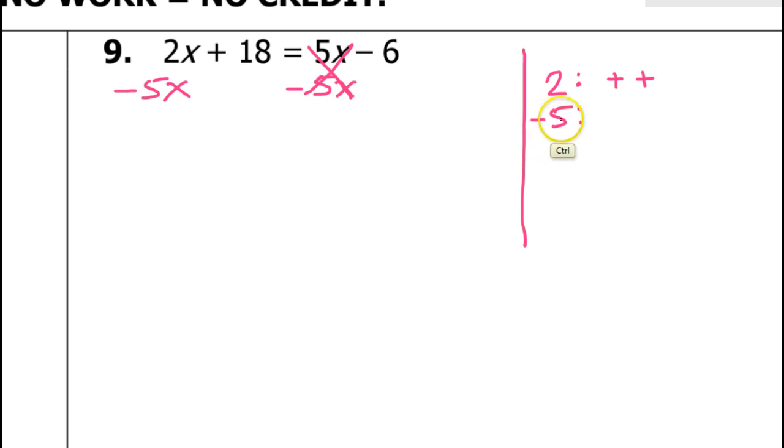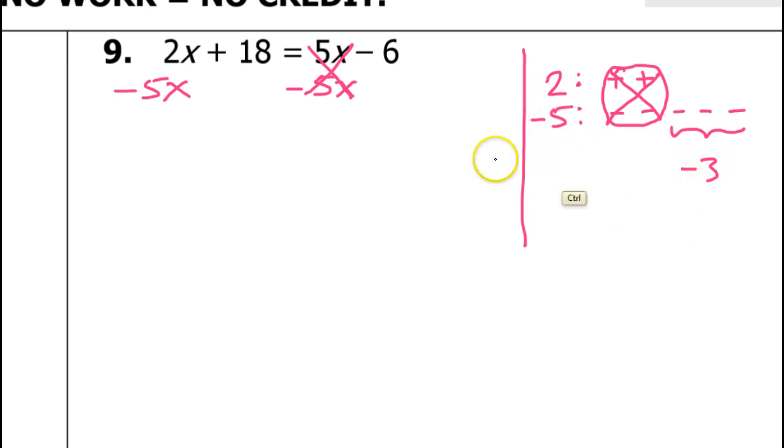Negative 5, think of this as 5 negative objects, like 1, 2, 3, 4, 5 negatives. Then you're going to combine these, keeping in mind that negatives and positives cancel each other out. So this pair of negatives and positives will cancel each other out. So how many does that leave, and what kind? Hopefully you can see that leaves 3 negatives, or negative 3. So 2 and negative 5 together make negative 3.